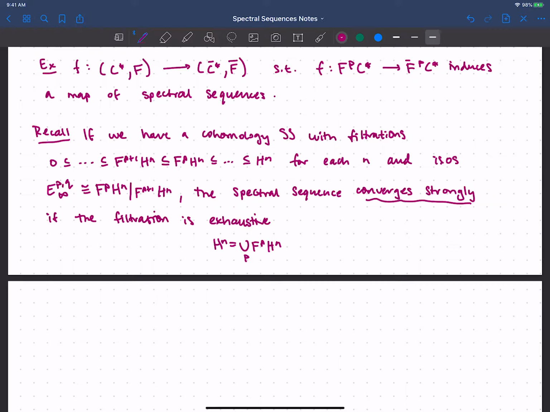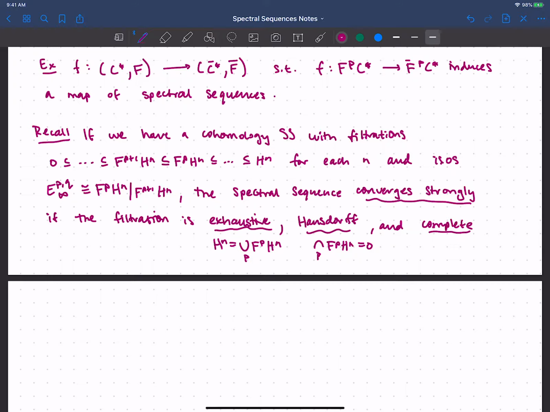And I feel like most other places aside from topology, somehow everyone assumes that a filtration is exhaustive, so that one's not such a big deal. We need exhaustive. We also need Hausdorff. Okay, so that told us that when we take the intersection of all these filtration pieces, that we get 0. Okay, so that's just because our filtration quotients would miss anything that was contained in that intersection.